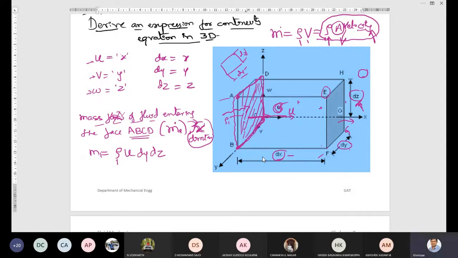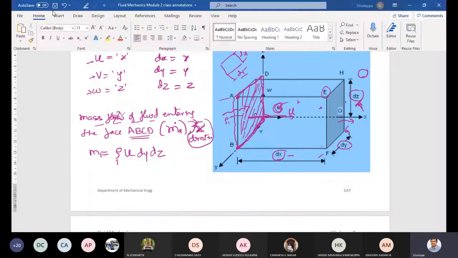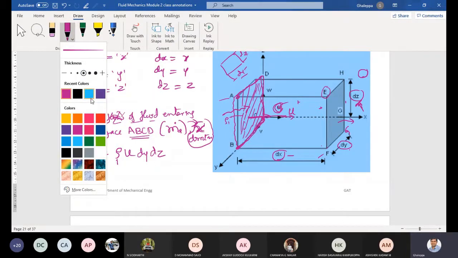Okay. Now similarly, next I will write the mass of fluid leaving the face.